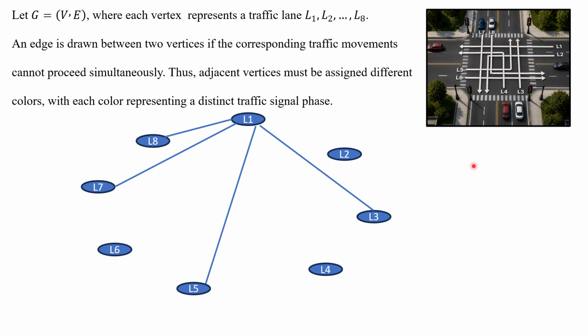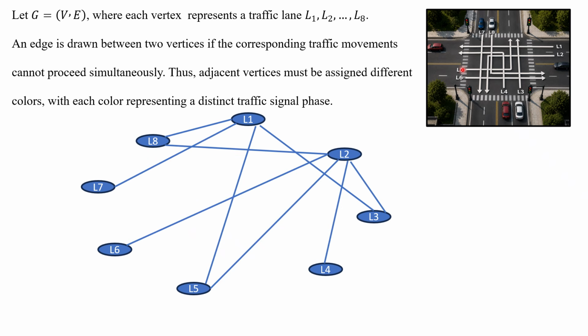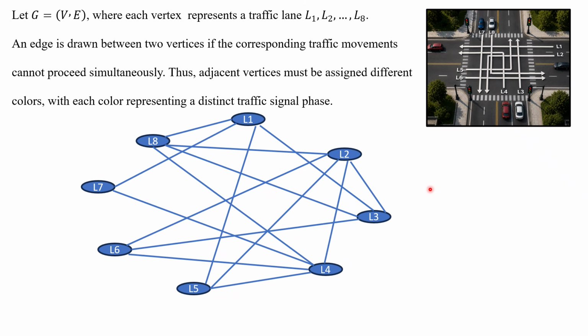So L1 is intersecting with L3, L5, L7 and L8. Then L2 is intersecting with L3, L4, L5, L6, L8. L3 is intersecting with L1, L2, L8, L6. L4 is intersecting with L8, L7, L6, L5, L2.